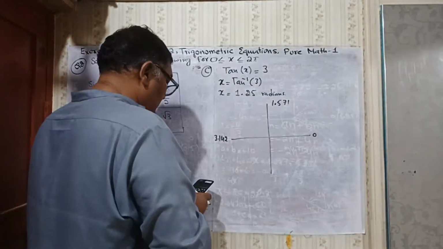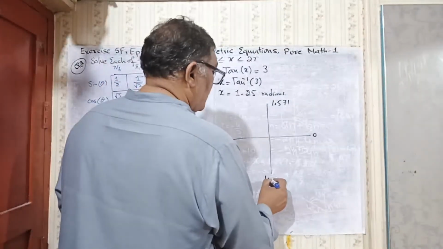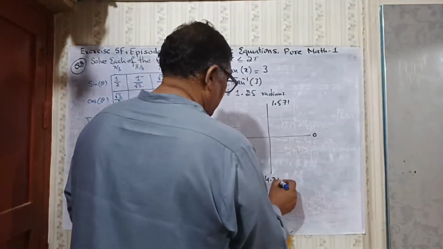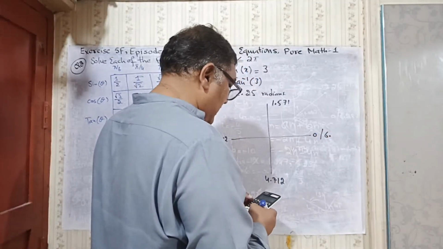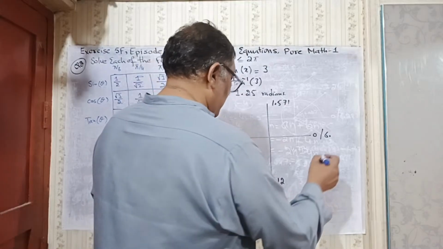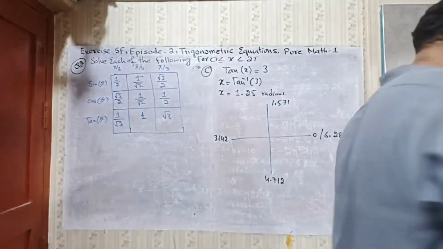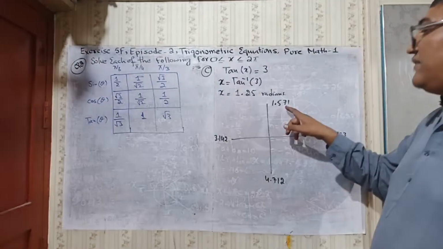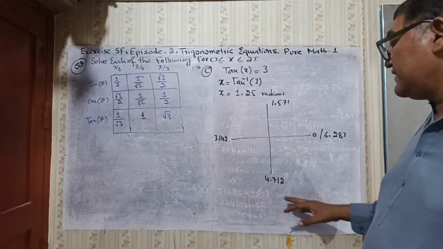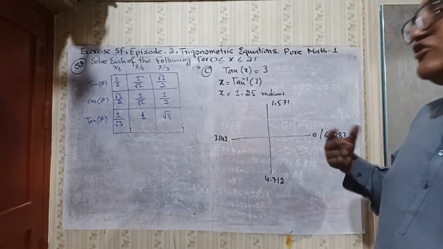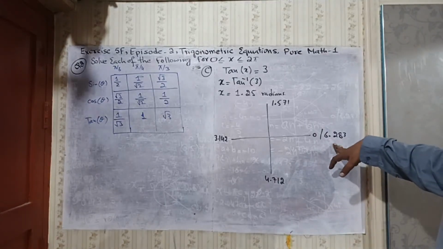Here you will have 1.5 multiplied by pi, which is equal to 4.712, and this will be 6.283, which is 2 pi. So in radians, I have written the angles. This is 0 radians. This is pi by 2 radians. This is pi radians, which is 3.142 radians. This is 3 pi by 2, which means 4.712 radians. This is 2 pi, that is 6.283.